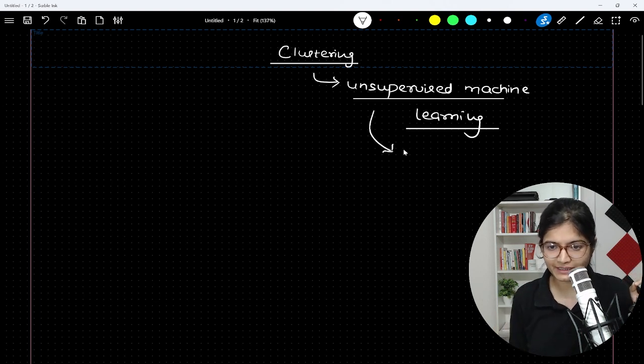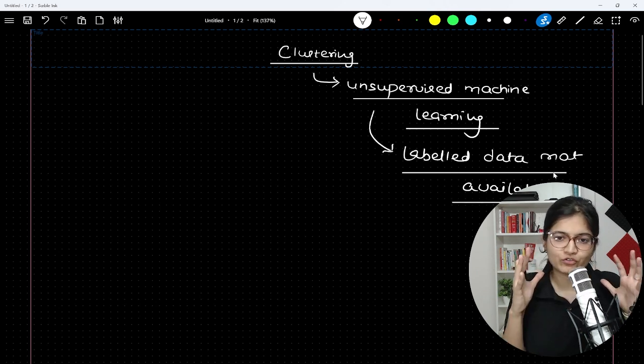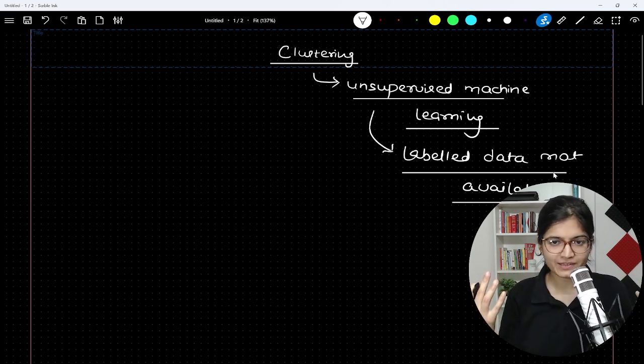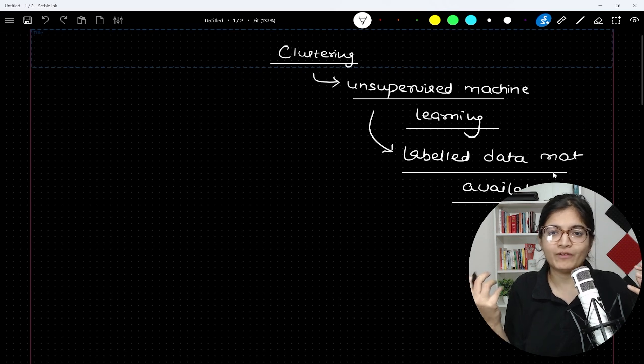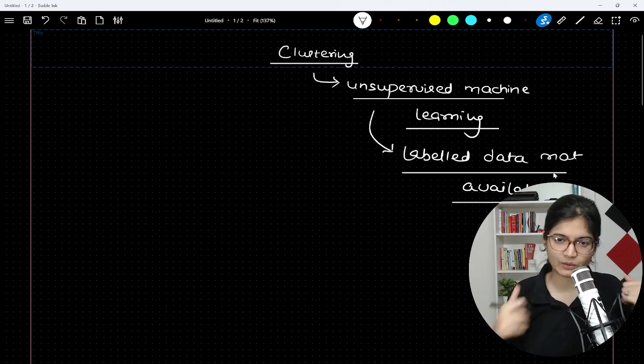Wherever we are seeing that labeled data is not available, in that case, we will say it's a part of unsupervised machine learning, and in that way, we have to apply the clustering techniques. Now, there are multiple ways, but before focusing on what are the algorithms or the ways via which we can apply this clustering technique, we have to understand how internally these things will work.